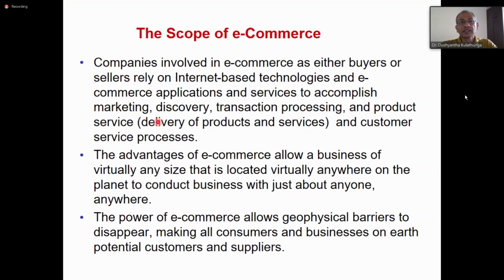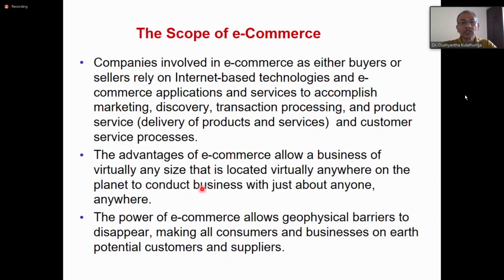So that is about the scope of electronic commerce, which we highlighted: we are in a position to reach customers who are anywhere in the world, and also suppliers who are anywhere in the world. And also the size of the organization doesn't matter, and the location of the organization is not going to matter with electronic commerce.